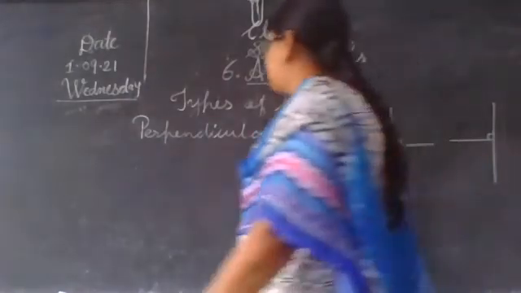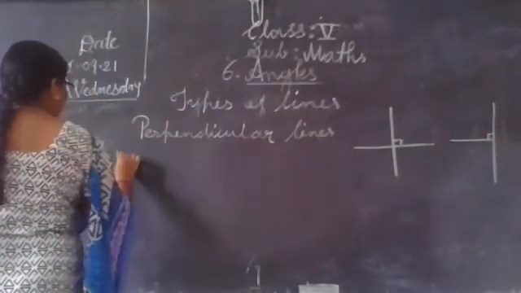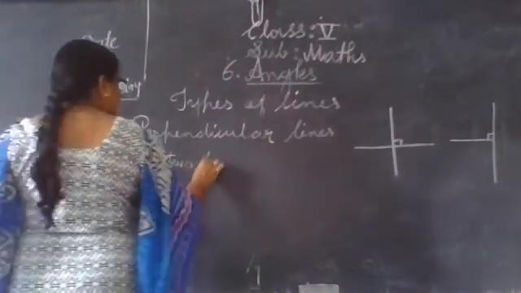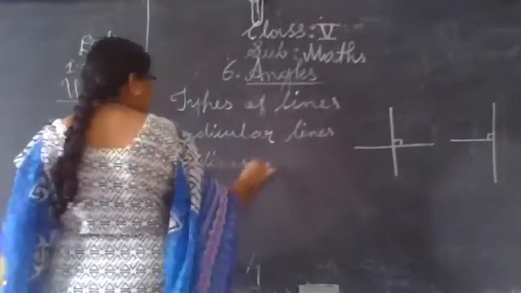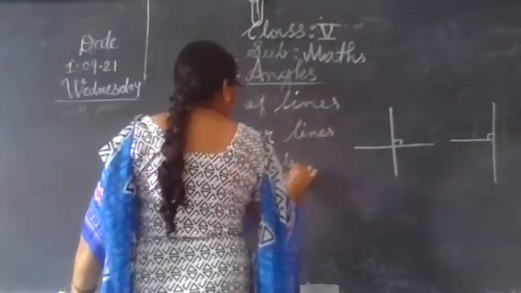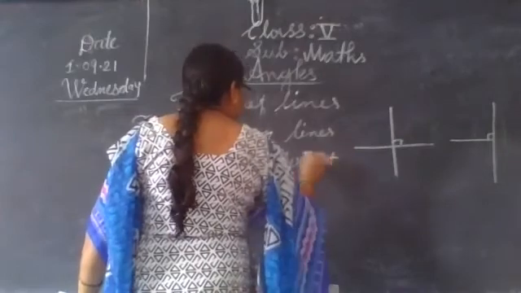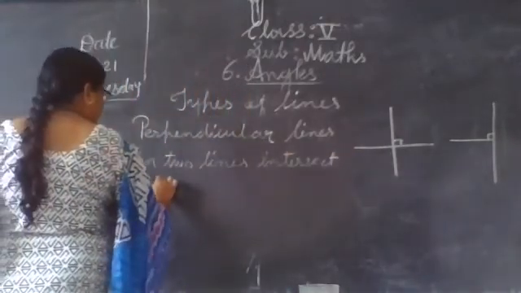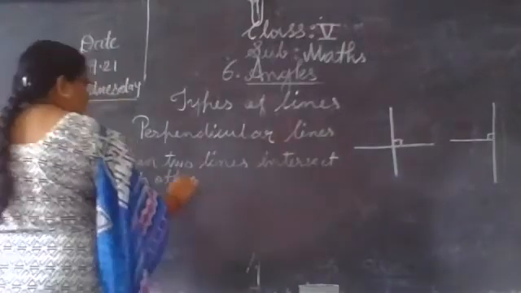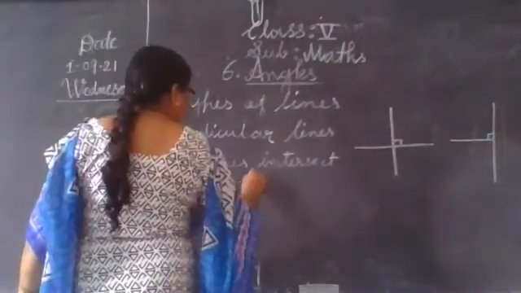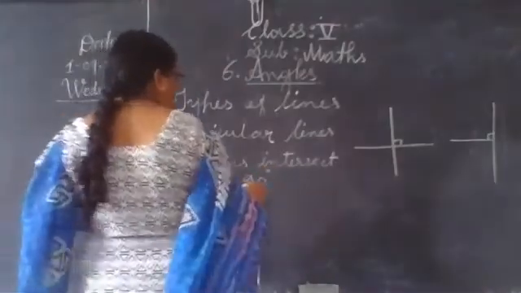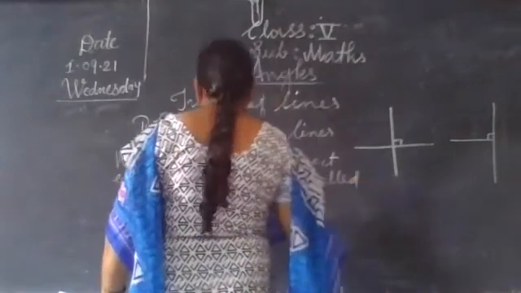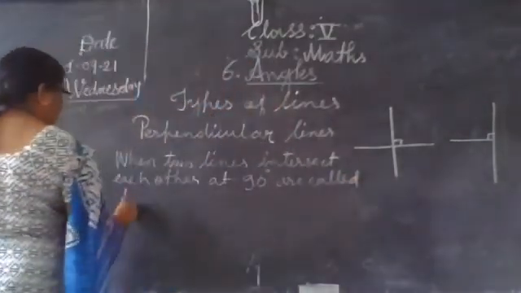When two lines intersect at 90 degrees they are called perpendicular lines.